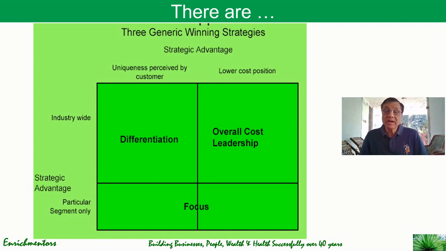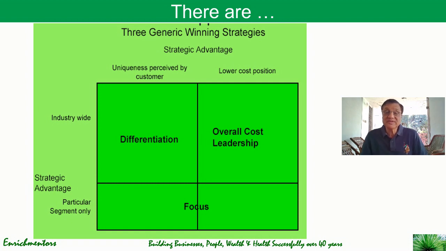If your advantage of either the uniqueness perceived by the customer or the lowest cost position is for a particular segment only, not industry-wide, then we call this a focus strategy. And focus could be either a focus differentiation, where in a particular segment only you have a uniqueness perceived by the customer for your product or service, or a focus cost leadership position, in which for a particular segment you have the lowest cost position.